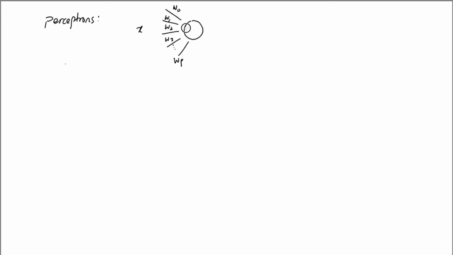You compute the summation of Wi xi, and then you have an activation function. I didn't call it an activation function last time; I basically just called it a sign function. So this perceptron computes the weighted sum, takes the sign, and then outputs a +1 or a -1. That was the idea of the perceptron.